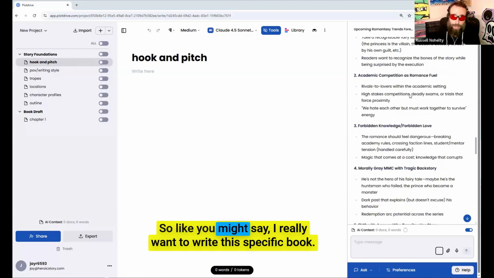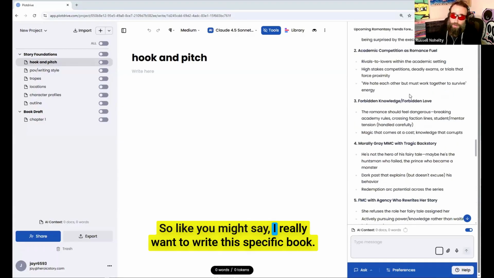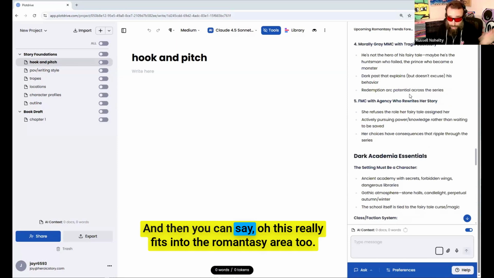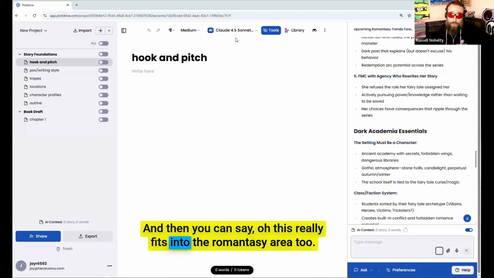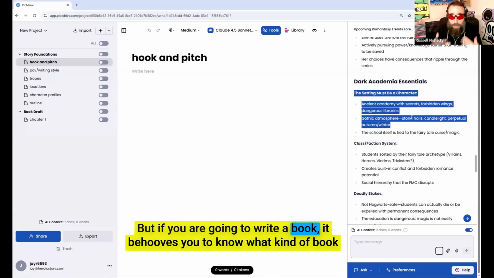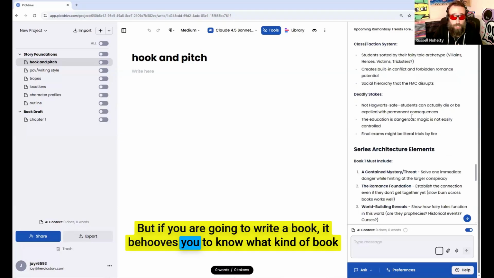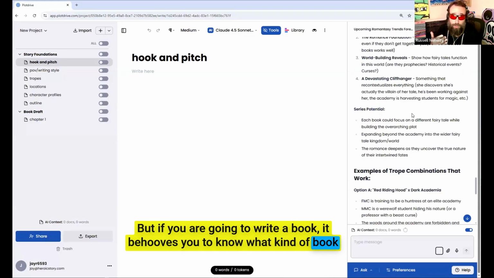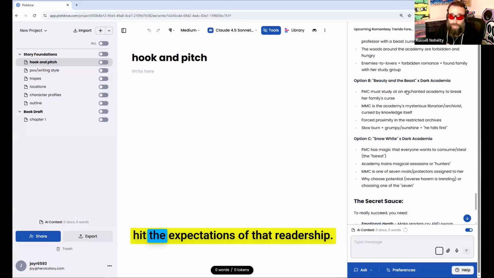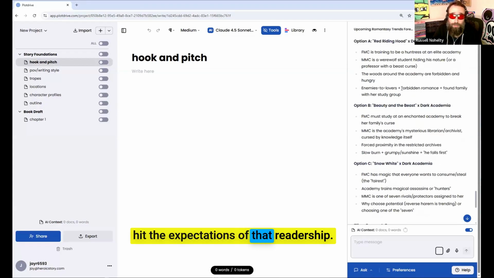So you might say, I really want to write this specific book. And then you can say, oh, this really fits into the romantasy area too. But if you are going to write a book, it behooves you to know what kind of book you plan to be writing so that you can hit the expectations of that readership.